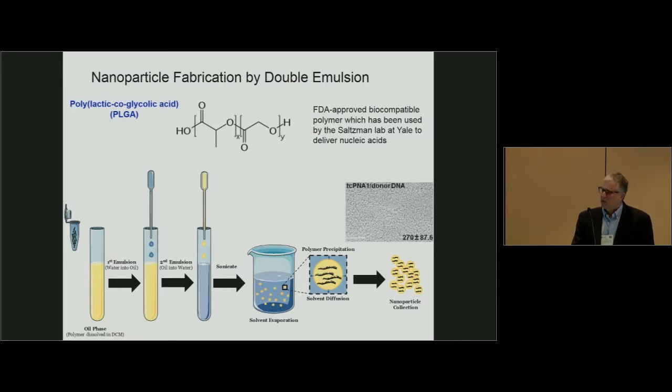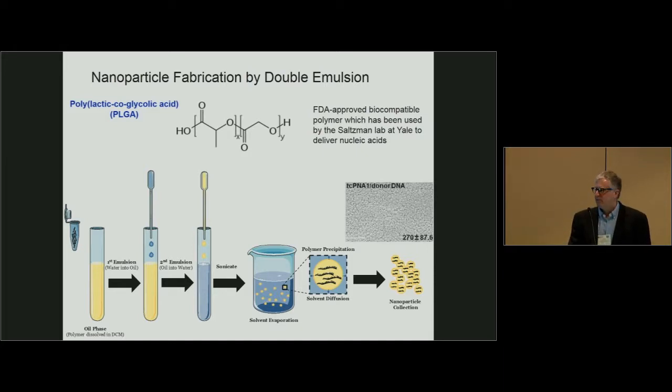And then here is a diagram of how these nanoparticles are made. This is done in the lab of Mark Saltzman at Yale in biomedical engineering. And the important point is that you can encapsulate the PNA and the donor DNA together in a single nanoparticle. And this is highly biocompatible and highly efficient for delivery via intravenous administration to multiple tissues.